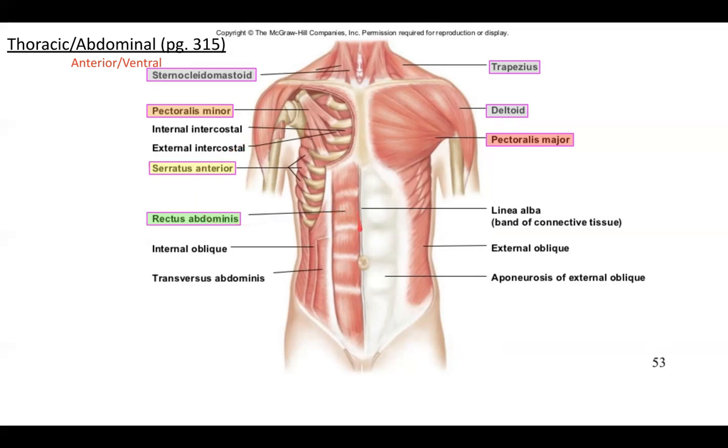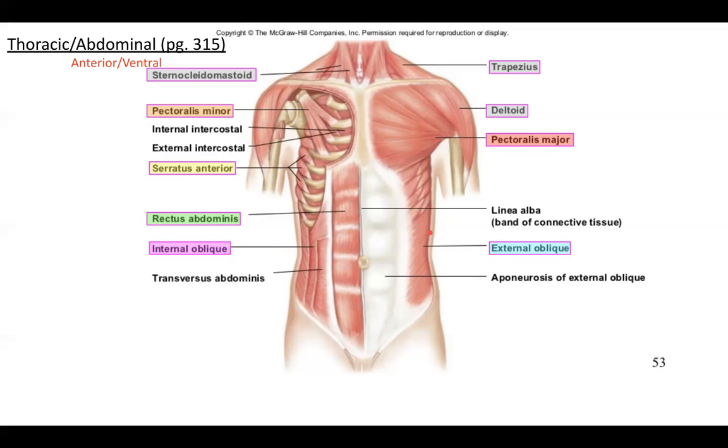Next, we got all the abs. So I'm just going to point out, we're going to look at them again in a little bit, but the rectus abdominis, these are like your six-pack muscles. Notice how the fibers are going straight up and down like that. The external obliques and the internal obliques, the fibers are going in diagonal form.